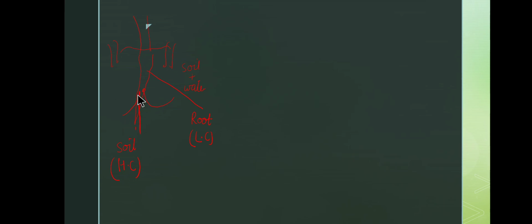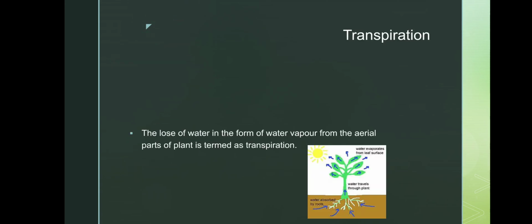From its higher concentration to the lower concentration, thereby leading to the movement or absorption of water by the roots. Okay, so the root cells become turgid, and the movement of water continues from the outside to the inside. Okay, another concept which is important over here is transpiration.